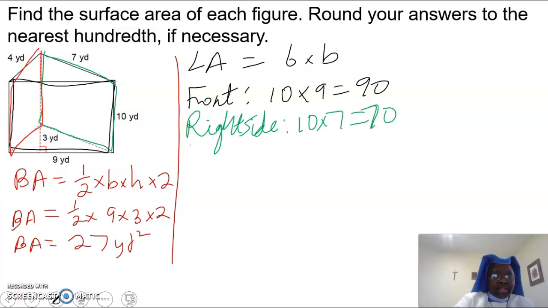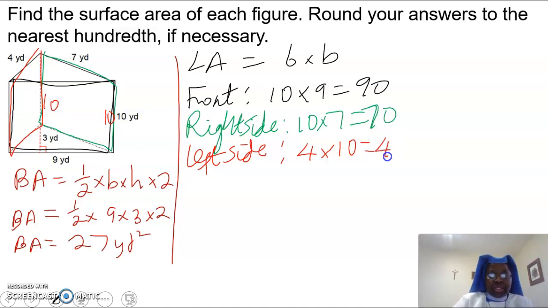Let's call it the left side, which is going to be 4 by 10 also, because the opposite side has to be the same. So which is 40. And it has 3 lateral faces, so we add them all up together. So 90 plus 70 plus 40, that's going to be 200, I think.